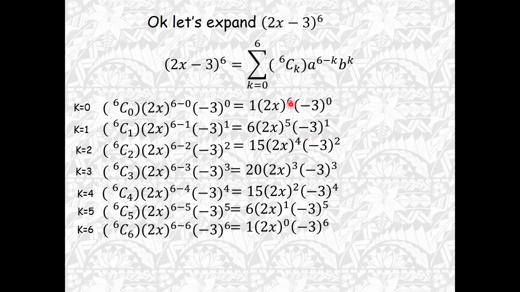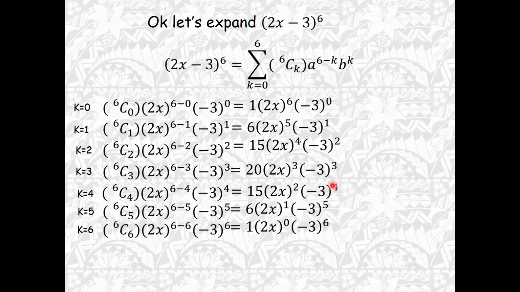I can see a pattern a little bit more. We have 1, 6, 15. We're going to learn about that later. But the powers of the first term are 6, 5, 4, 3, 2, 1, 0. The powers are starting from 6, decreasing down to 0. For the second term, the powers are starting from 0, increasing up to 6.